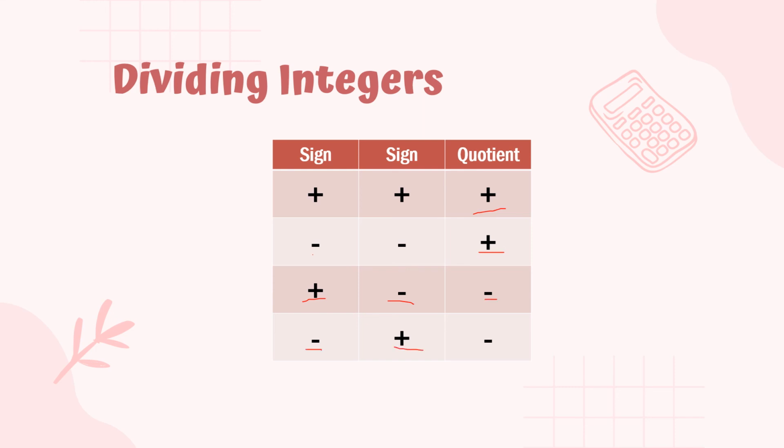Negative divided by positive, the result is also negative. So notice that if both integers have the same sign, if they are both positive or both negative, the result, the quotient, is always positive. If they have different signs, positive or negative, negative or positive, the result, the quotient, is always negative. Okay? Just like in multiplying integers.